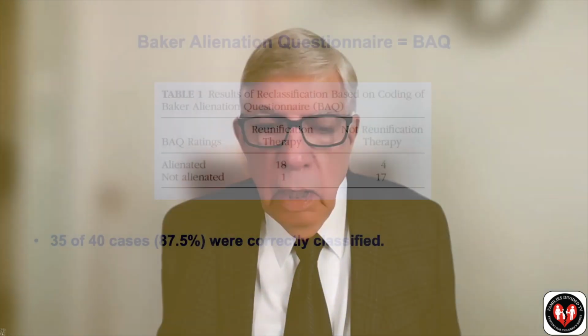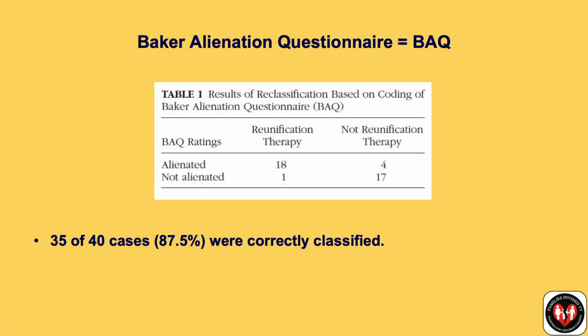So in the next slide are the results of this research regarding the BAQ, the Baker Alienation Questionnaire. And there's this little grid here that shows that some of the children were in reunification therapy, some were not, some were alienated, some were not.